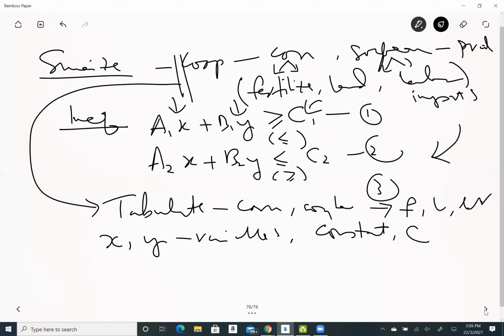So either one of these can be the constant, C1, C2, or C3, or they can be the variable, all right? So from the problem here, you need to identify which is which, okay? You have to identify which one is the constant.